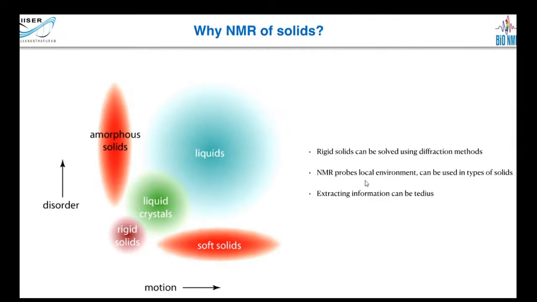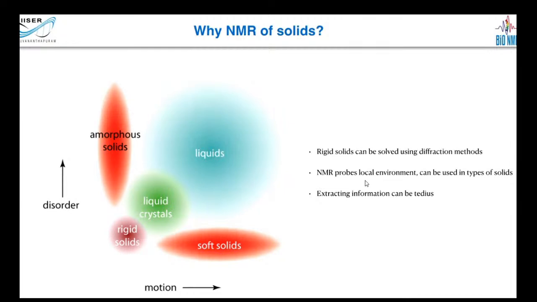But if the long-range order is not met, if the single crystals with repetitive units are missing, if you have amorphous solids, soft solids, gels and all, then we can do solid state NMR. The principle of NMR is the same: we look at the local environment, and changes in the local environment are reflected in the peaks. Soft solids and amorphous solids can be used.